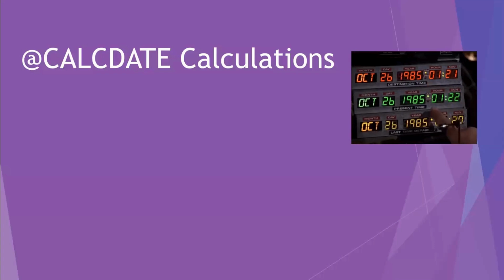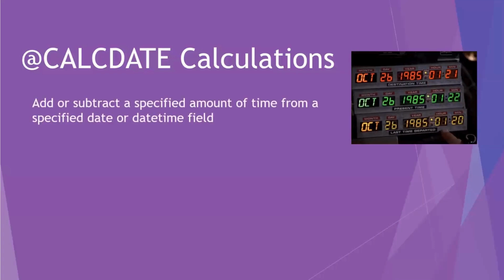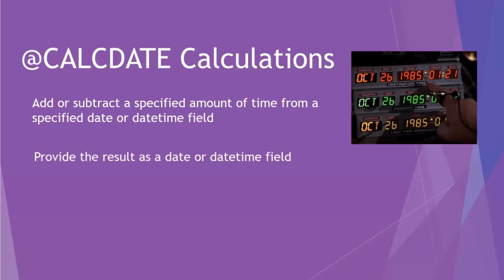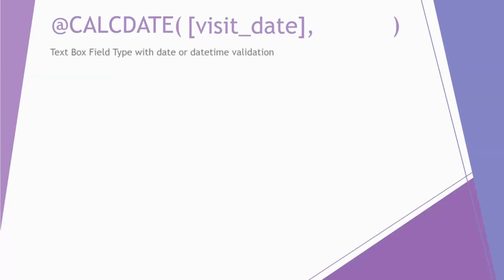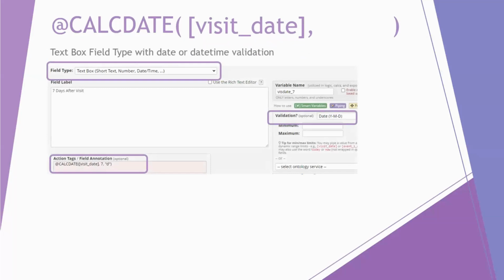Now we'll move on to calc date, which adds or subtracts a specified amount of time from a date or date time field and provides the result of the calculation as a date or date time. The first parameter inside the calc date function should be a text box field with date or date time validation. The second parameter represents the offset number amount that should be added or subtracted.